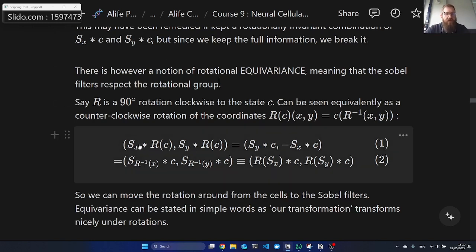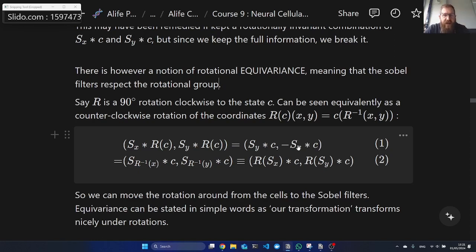So then our perception vector is this thing, and you can compute that this is equal to applying Sy on the first channel and minus Sx on the second channel. That's what the rotation does. And then you can notice that Sy is equal to Sx composed with R minus 1, so if you rotate x by minus 90 degrees, you get y.